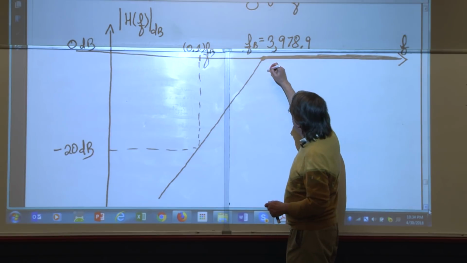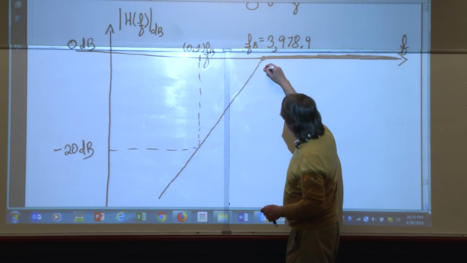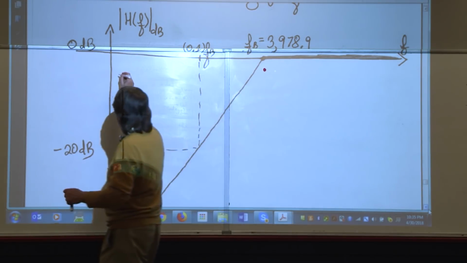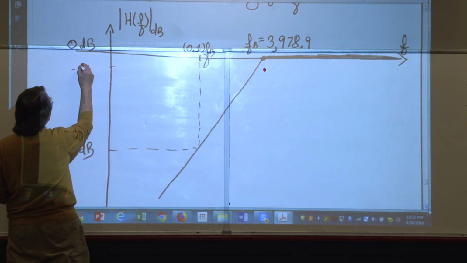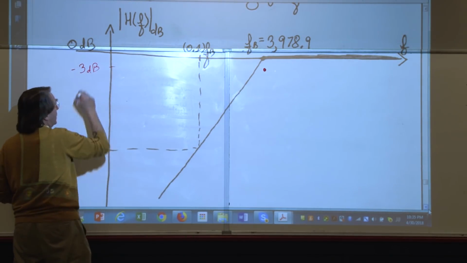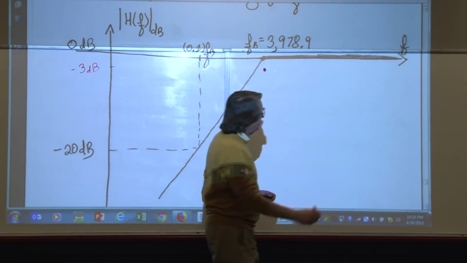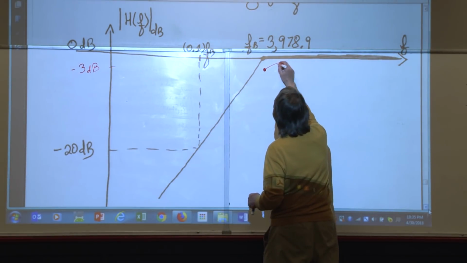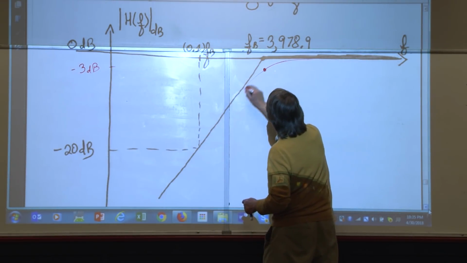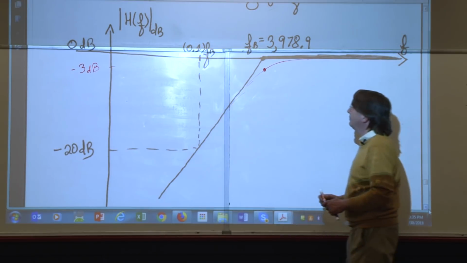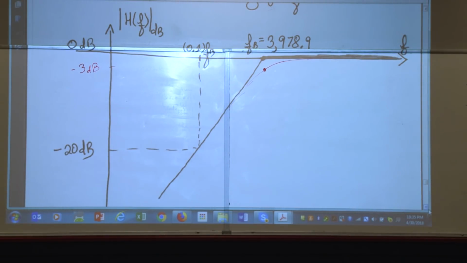But what do I have here? A correction factor. This is minus 3 dB. And we asymptotically approach it, something like that. That's the Bode plot.